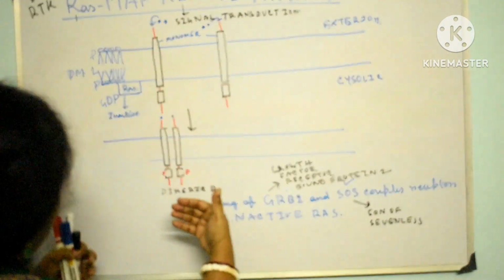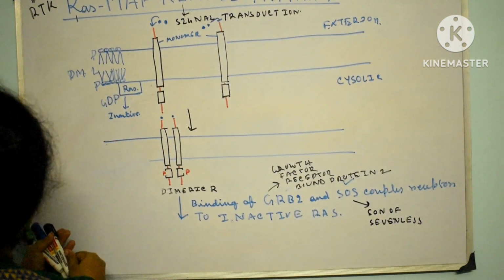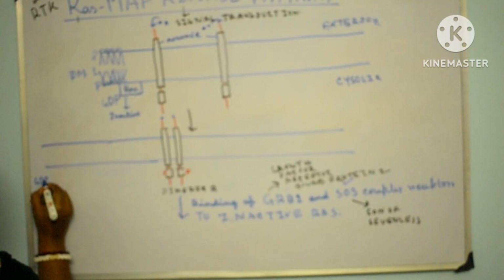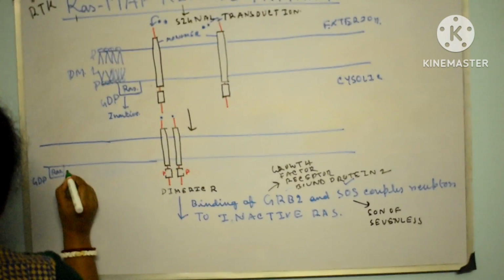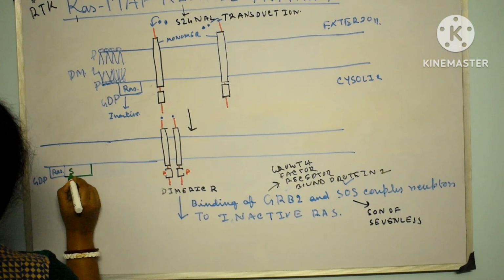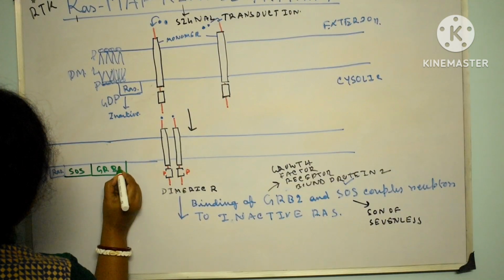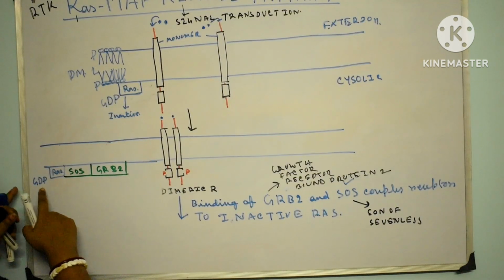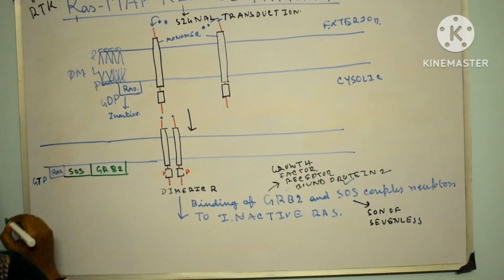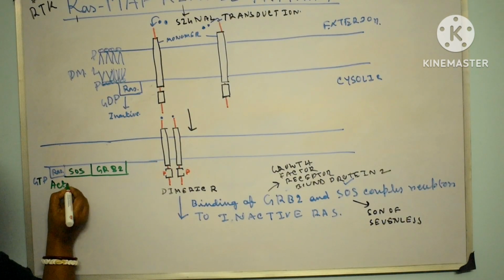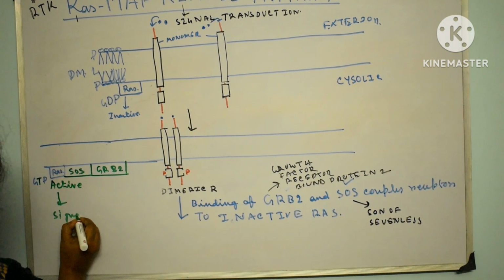I am not going to make it a separate set. Yes, the third picture I am going to describe here. GDP Ras inactive form, SOS and GRB2 bind to this. This GDP is now changed to GTP and it becomes active Ras, and starts to give signal.